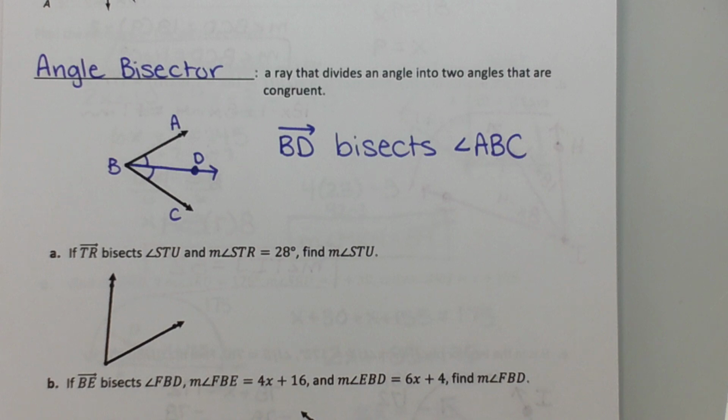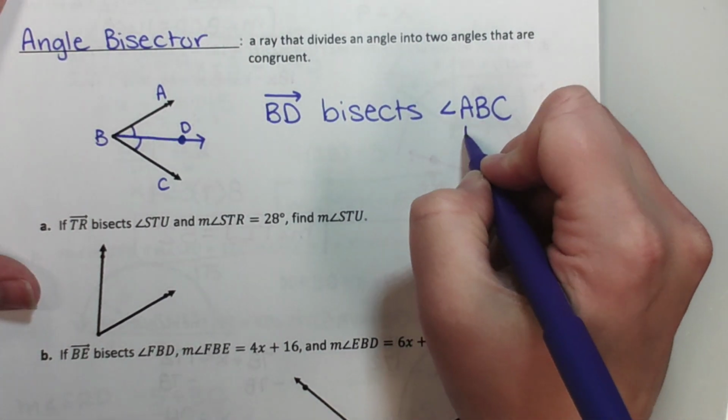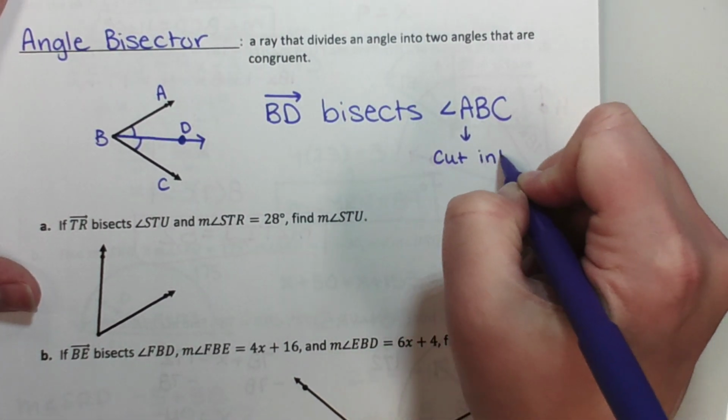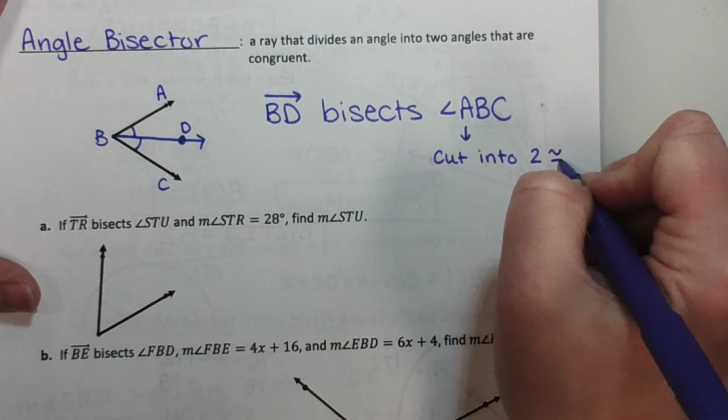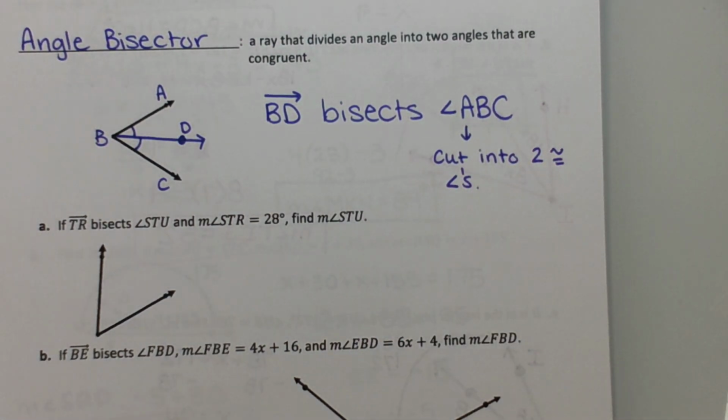No. People mix up what the bisect means. This is what got cut into two congruent angles. So we got to be careful on that. It's one of the most common mistakes.